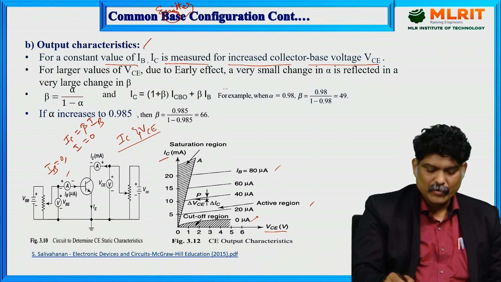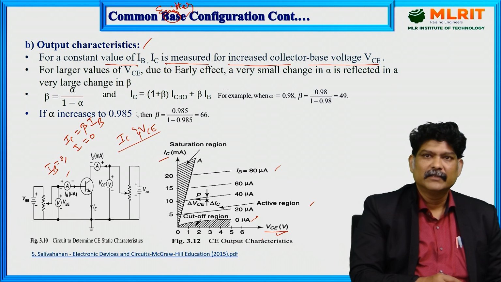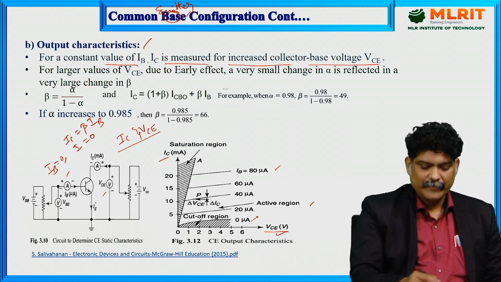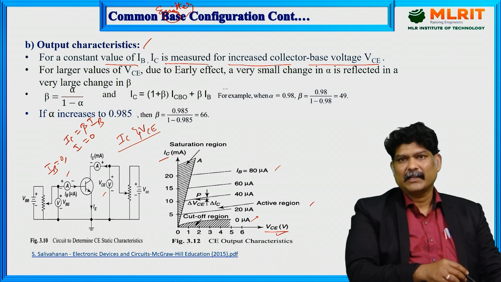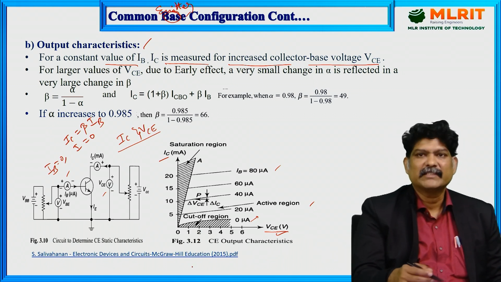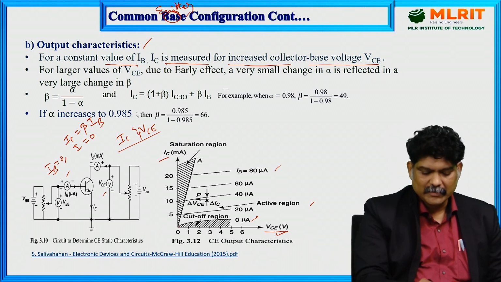We don't require VCE to supply. But still there is a current due to minority charge carriers, or you can say reverse saturation current, which is of a very low value. This area is nothing but the cutoff region.